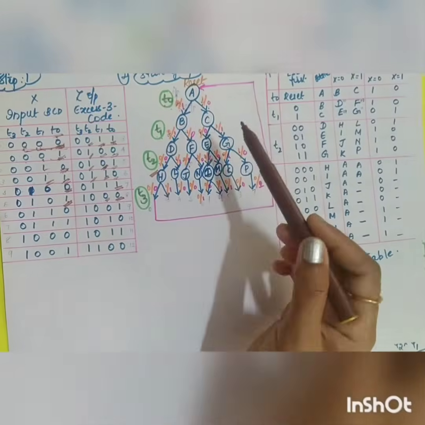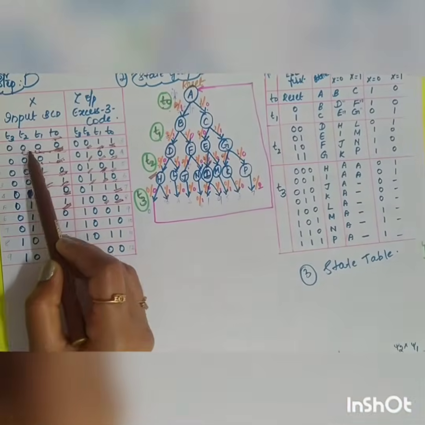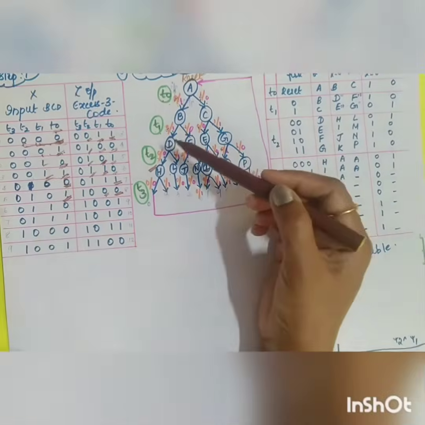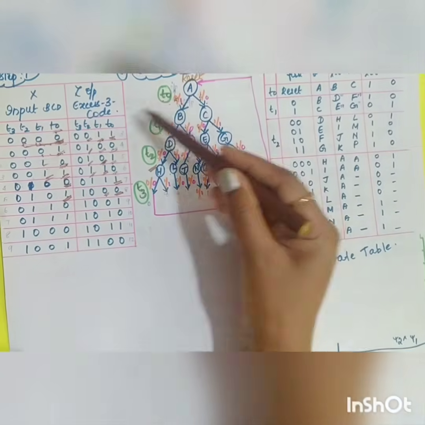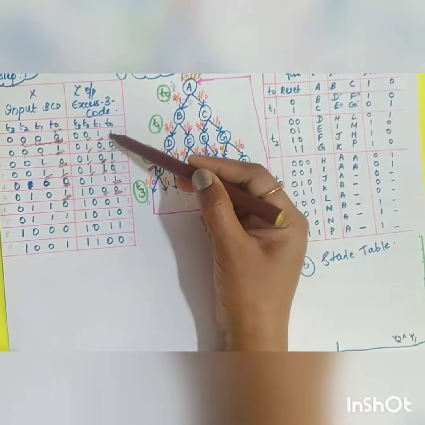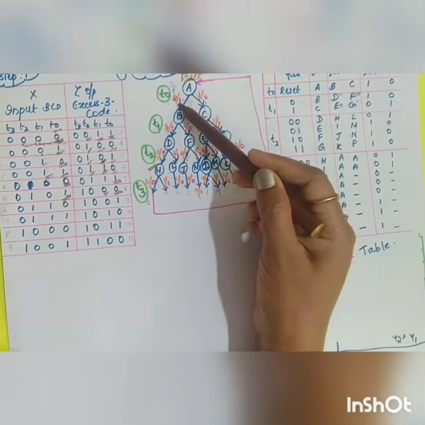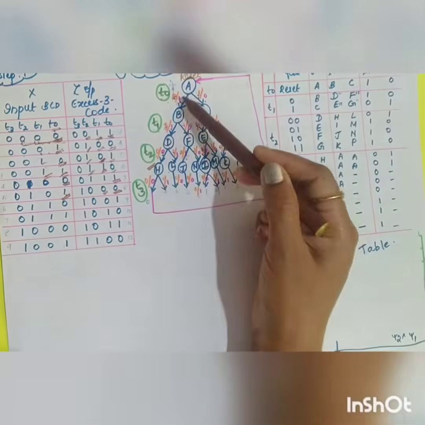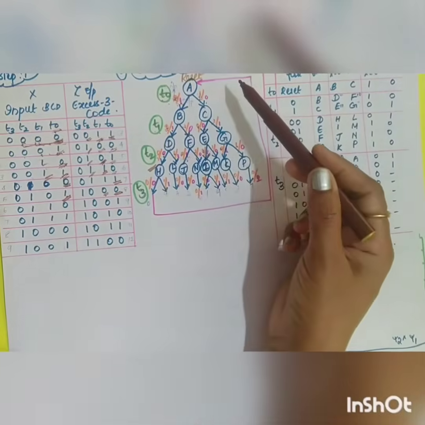Okay, so you have one more method to verify. See, when you calculate at any instant of time, if you take 0, 0, 0 as your input, at the same time, what will be your output? 1, 1, 0 or 0, 1, 1. So it will be matching. So you can cross verify it.